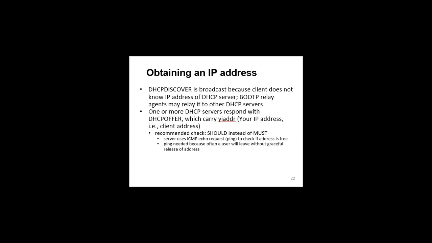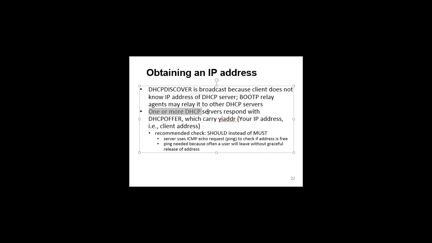Now, how to obtain an IP address? After the DHCP discover is broadcast, because the client does not know any IP address of a DHCP server, that is why it broadcasts this message. Boot relay agents may relay it to the DHCP servers.